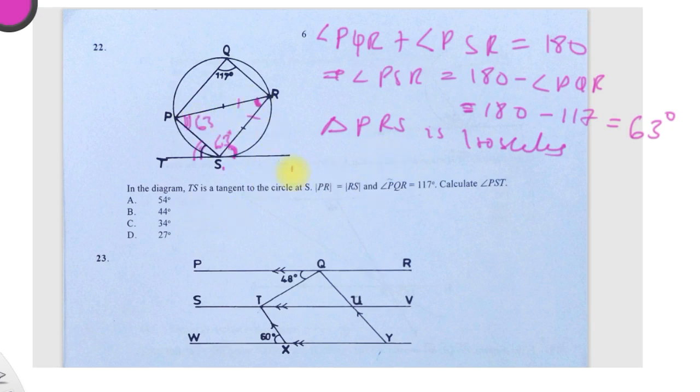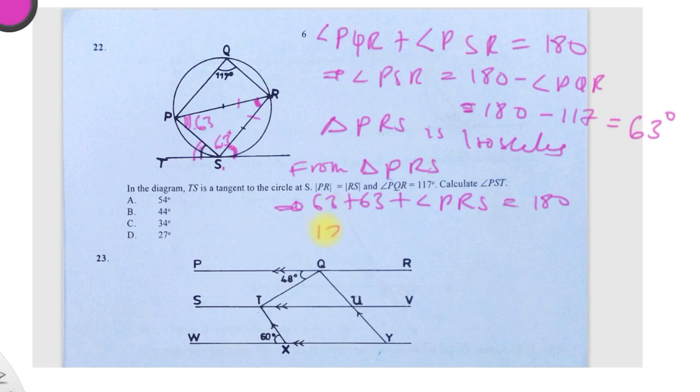Therefore, from triangle PRS, we add 63 plus 63 plus this angle, which will give us 180. So 63 plus 63 plus angle PRS is equal to 180 degrees. 63 plus 63 is equal to 126.